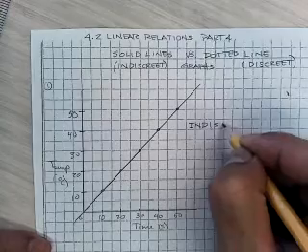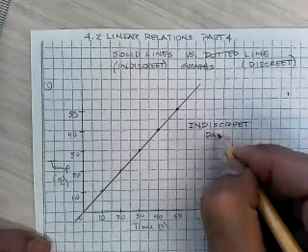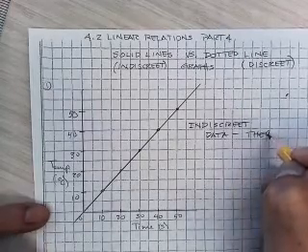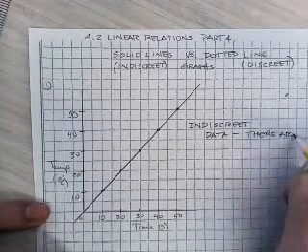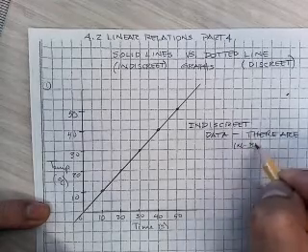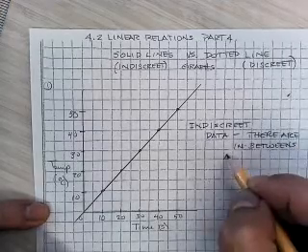Indiscrete data means there are in-betweens allowed.